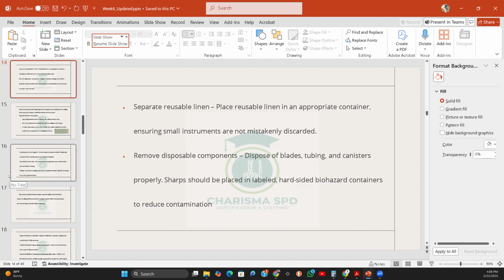And then sharps that are supposed to be disposed are thrown into sharp containers. In every OR, in every point of use, they have sharp containers where we dispose of single-use sharps. Reusable sharps, where do they go?